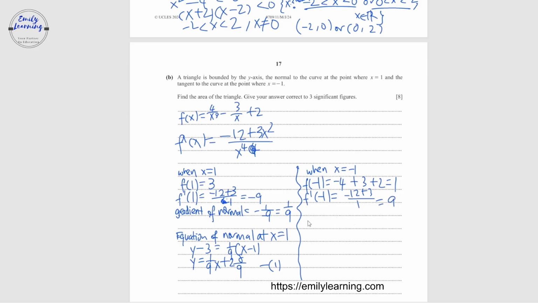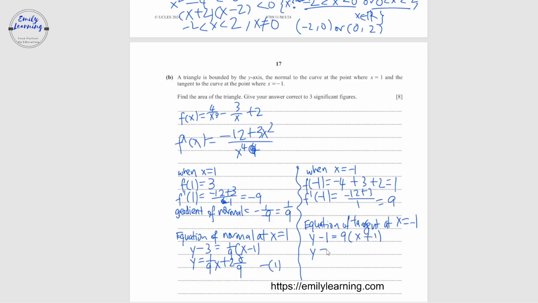So I know the equation of the tangent at x equals minus 1 will be y minus 1 equals 9 bracket x minus minus 1, so it's x plus 1.